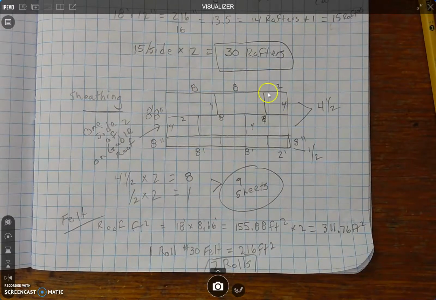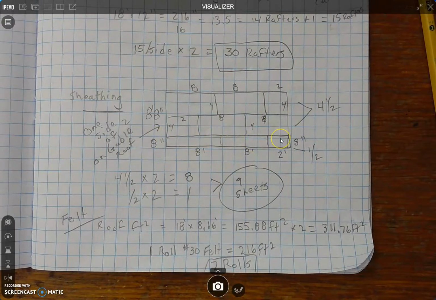Okay, so we can get 4 of these 2 by 4 pieces out of a sheet of plywood. So we get one there, one on the other side. So we'll have 1, 2, 3, 4 and a half. That's what this is. And then I figured this, because it's 8 inches by 8 feet, 8 inches by 8 feet, that would only be 16 inches by 8 feet.